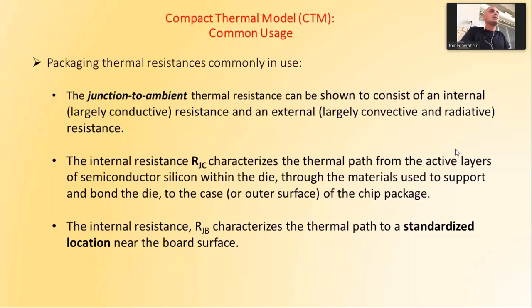We'll see later. The internal thermal resistance, the RJC, is the thermal path from the top layer, which means that in this model, the top layer is considered to be isothermal. You don't solve problems like this with natural convection.